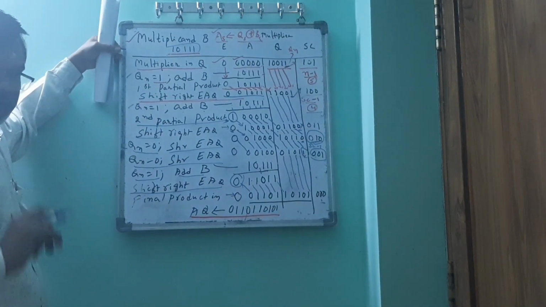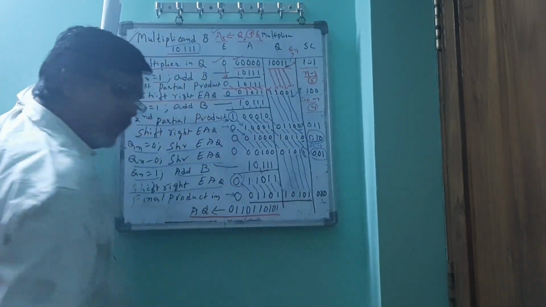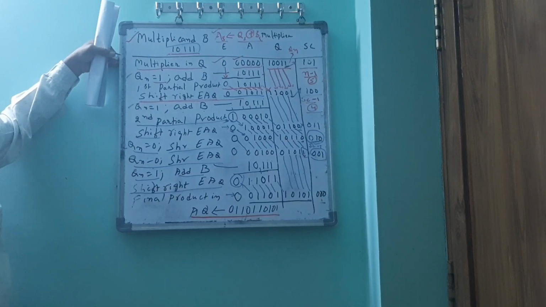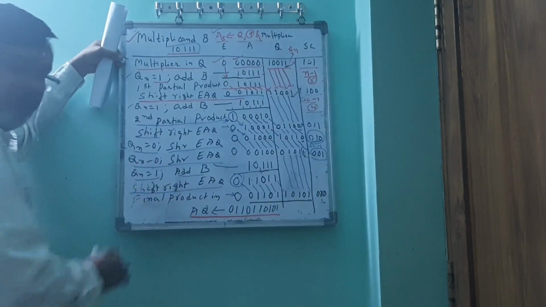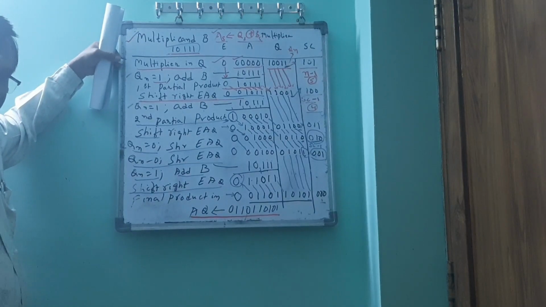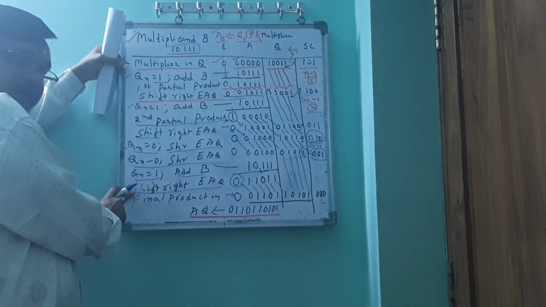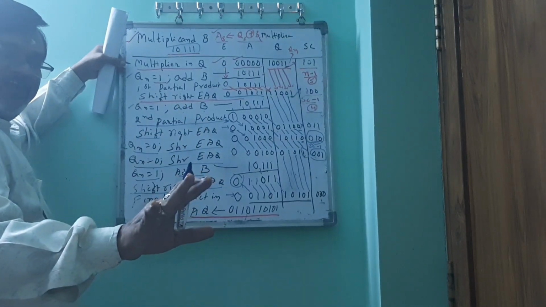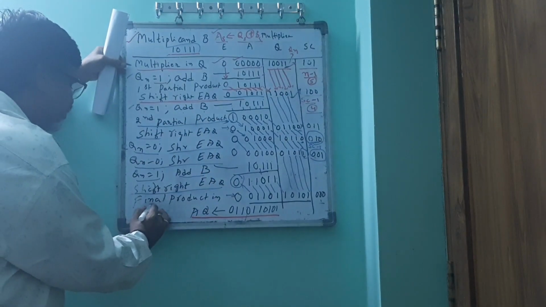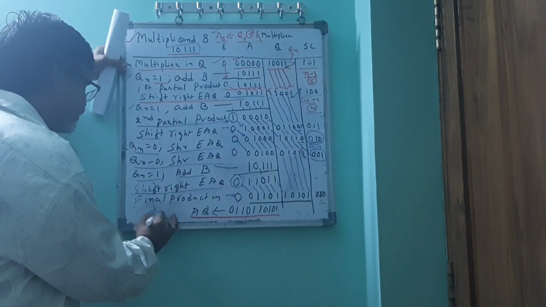Now here you just see the value of Qn is 1. If the value of Qn is 1, we need to add B again. Are we doing that? No. Why? Because after performing the shift right operation and decrementing the SC value by 1 every time, there is one decision symbol in the flow chart checking the value of SC.